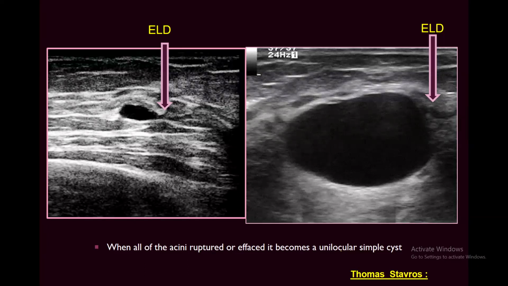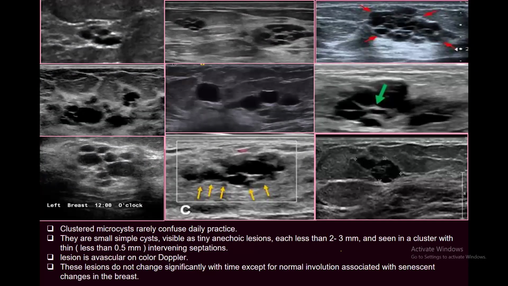If it is a simple cyst, this is the extralobular terminal duct, because this is a lobule, which has become a unilocular cyst, and this is a terminal duct lobular unit. And most of the time it is straightforward, and we can manage it easily.